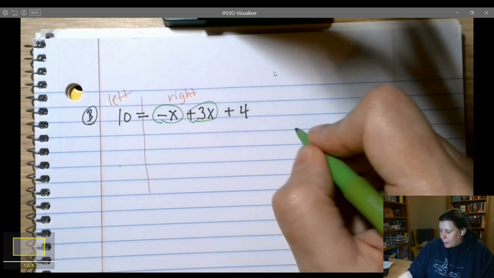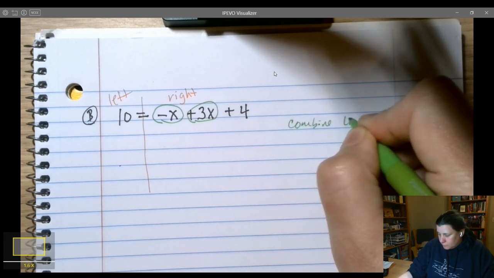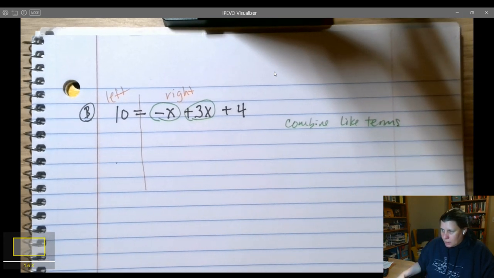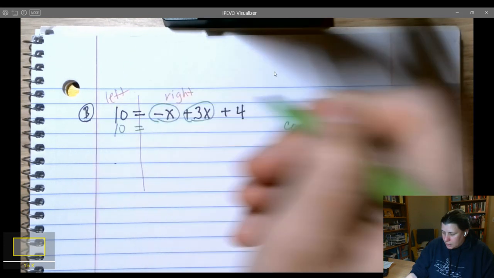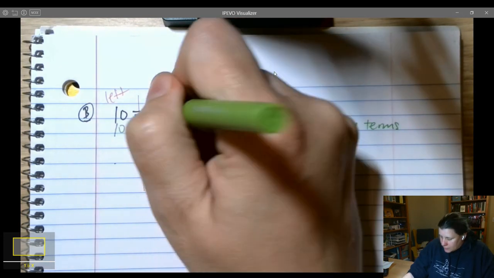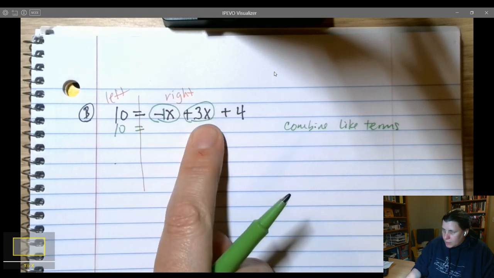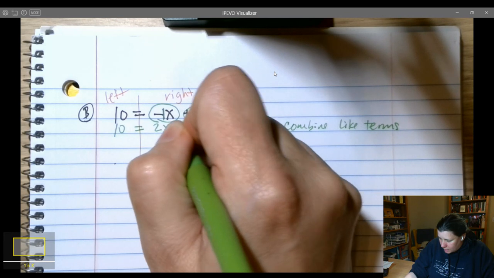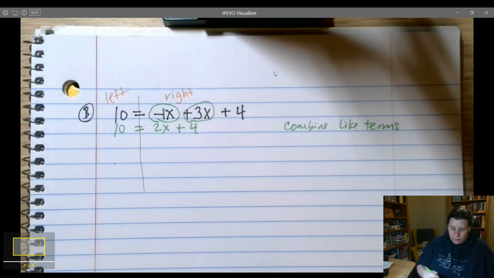I'm not going to say it doesn't matter, but you've got a little bit more choices. Okay, so I'm going to combine like terms. Sorry about the shadow there. I still have 10 on this side. It's still equal. This is a -1 times x. -1 plus 3 is going to be 2. So I've got 2 x's and then plus 4.